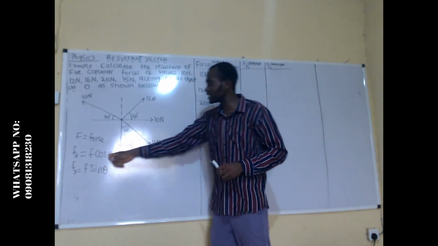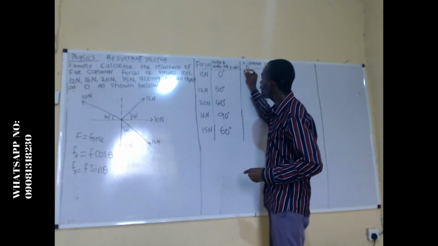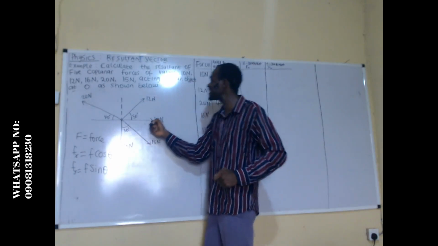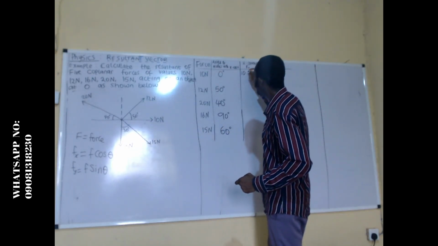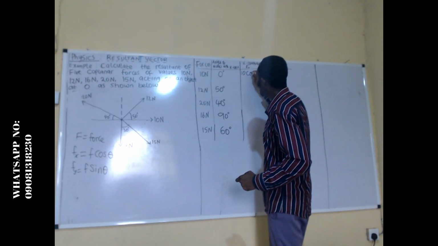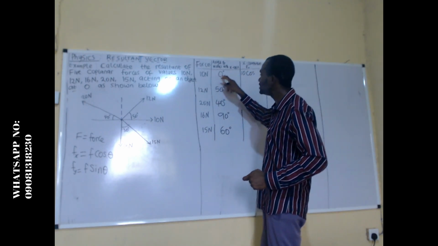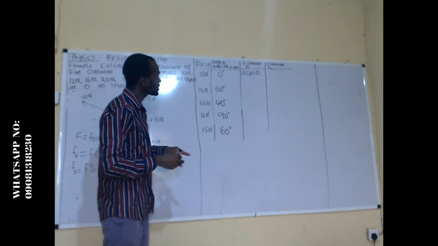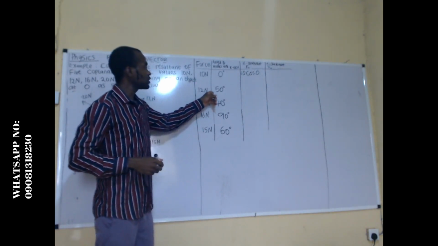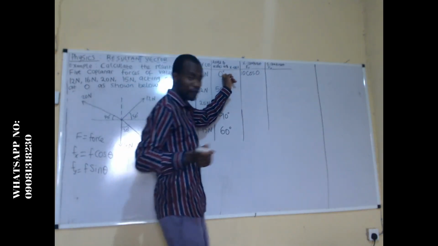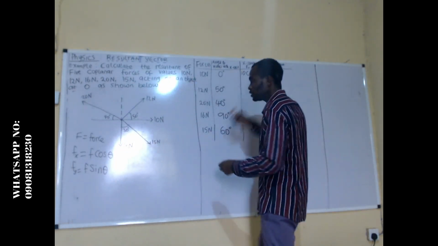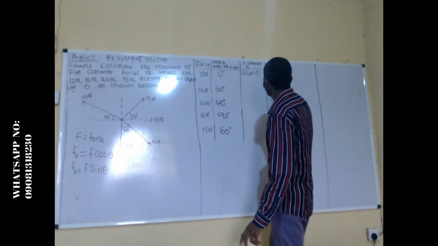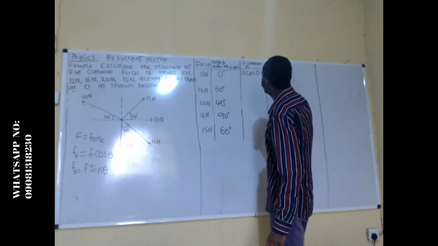Now the formula once again is here. Because we are starting with this force, Fs will be 10 cos, our angle is 0 degrees. For that same force, the y component will be F, which is 10 sine 0.